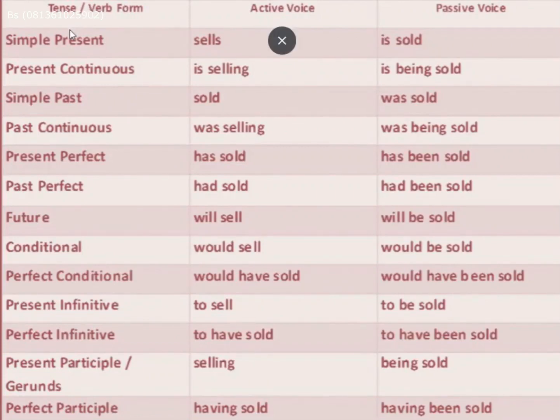Here are the tenses, the sentence in the active voice and in passive voice, like sells into is sold, is selling into is being sold, has sold into has been sold. Here is the form of the tenses or the grammatical structure.